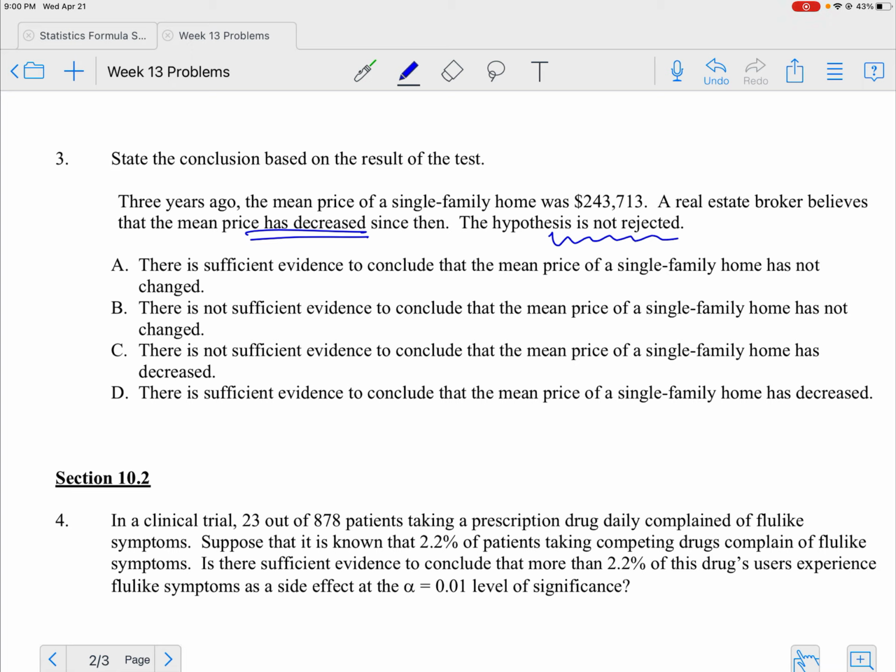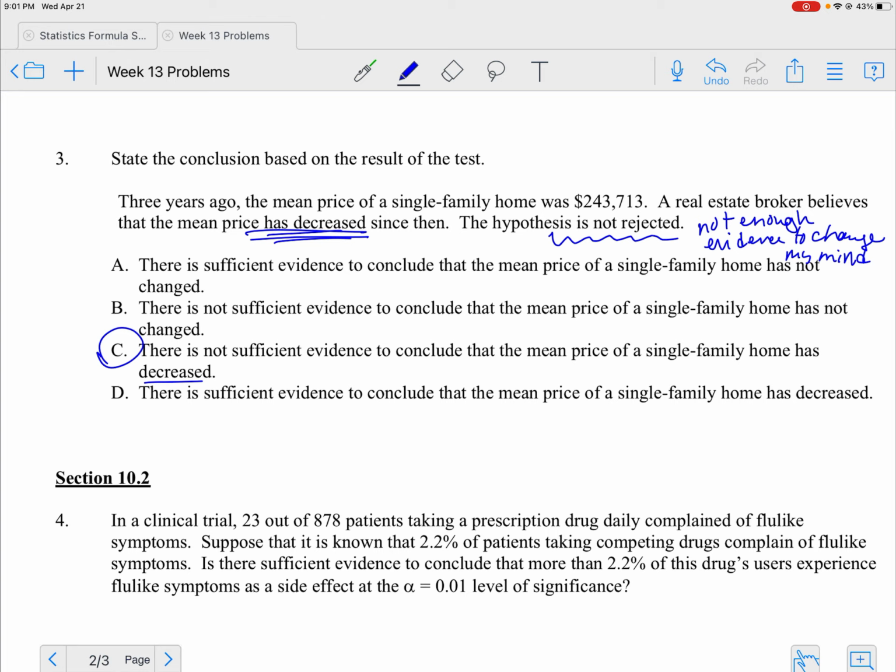That means there is not enough evidence to change my mind. There's not enough evidence. It is not rejected. It holds true, right? There's not enough to change my mind. So there is not sufficient evidence, and again, I'm looking at those words, to conclude that it has decreased. You just match those words up.